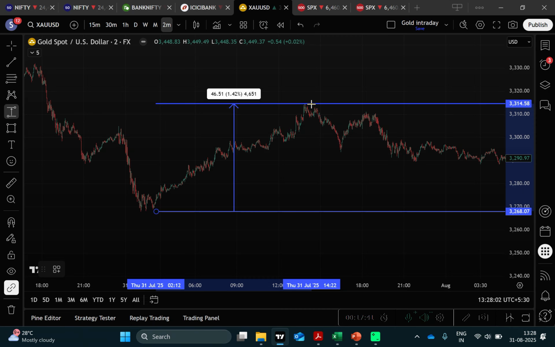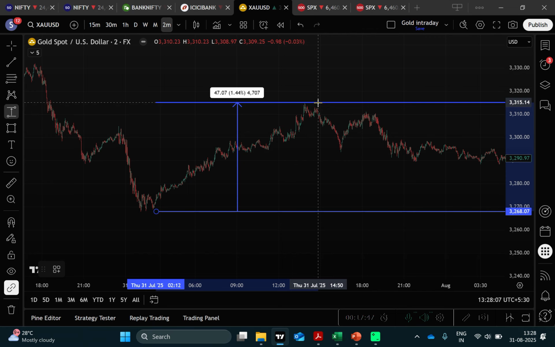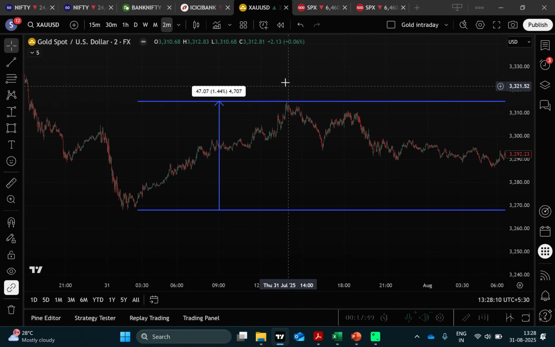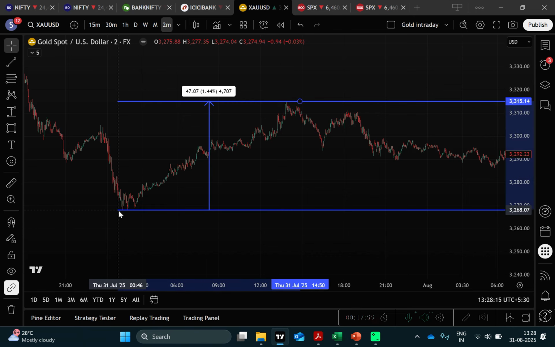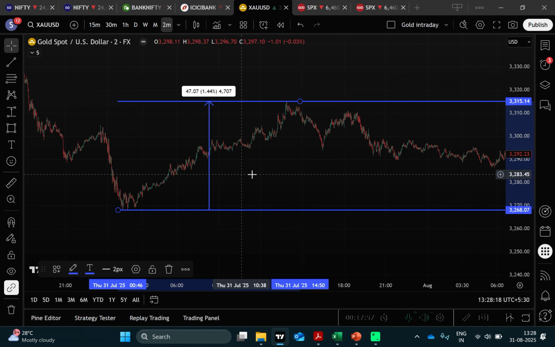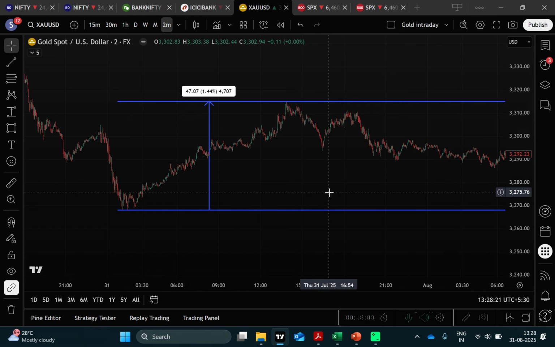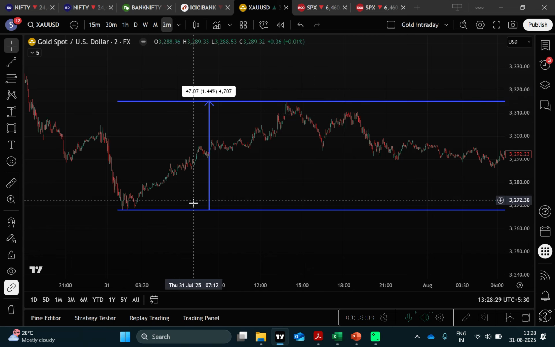We need 51, and we got like 47. So it misses by 4 points here, which is fair enough, I think. Let me see if I have the correct highs and lows. Okay, it misses by 4 points, which is fair enough, I think, right? So if you can catch at least 30 points out of this on one lot of gold, 30 points is $3,000. Okay.